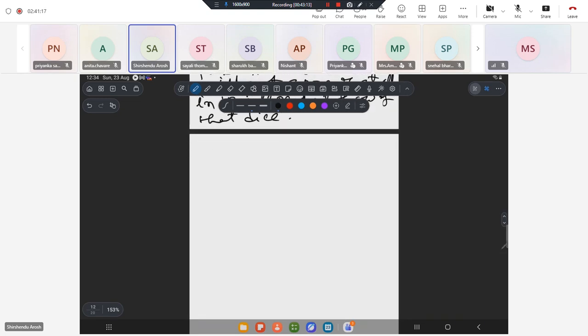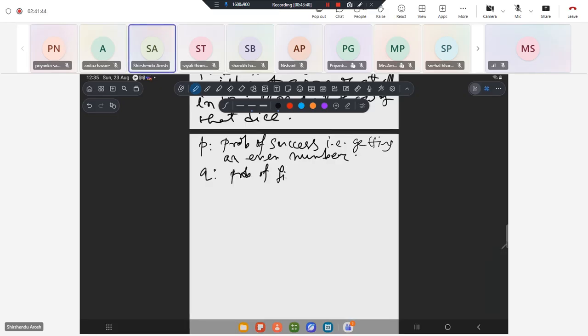So let's define this. p is the probability of success, that is getting an even number. q is the probability of failure, that is getting an odd number obviously, but it's not important.